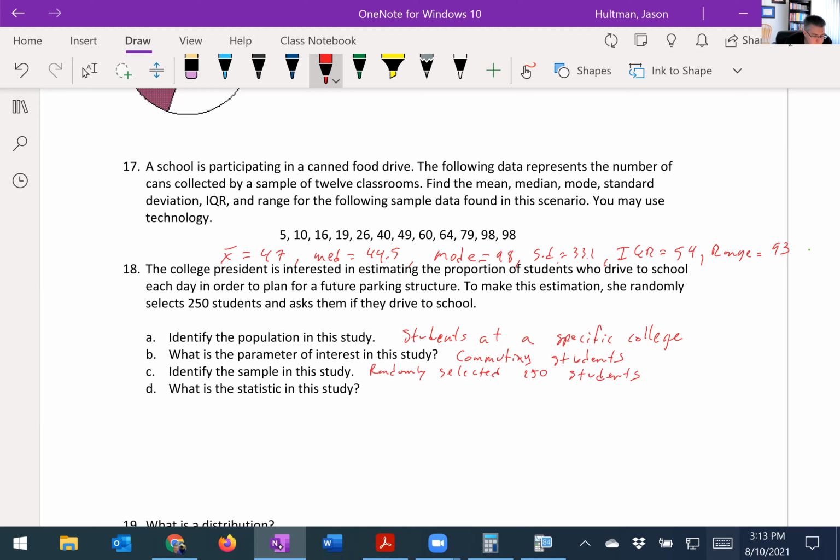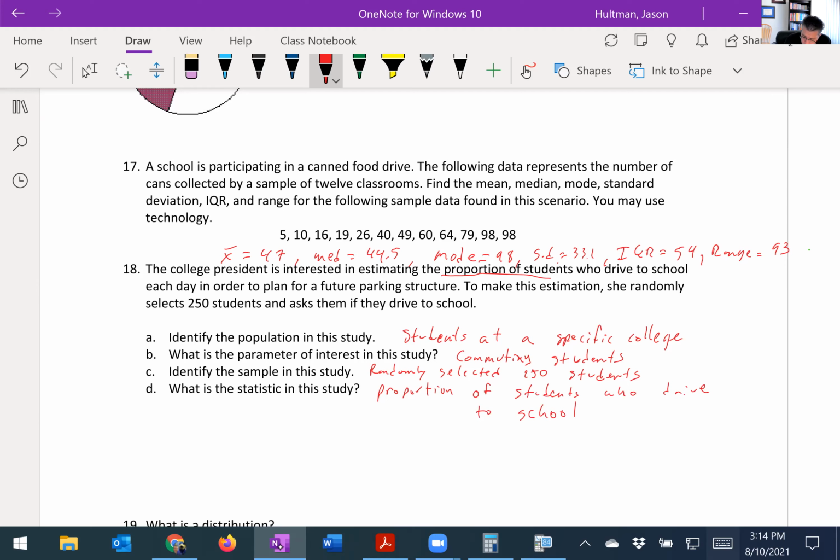And what is the statistic in the study? Okay. We want to know the proportion of students who drive to school. That's what we're looking for.